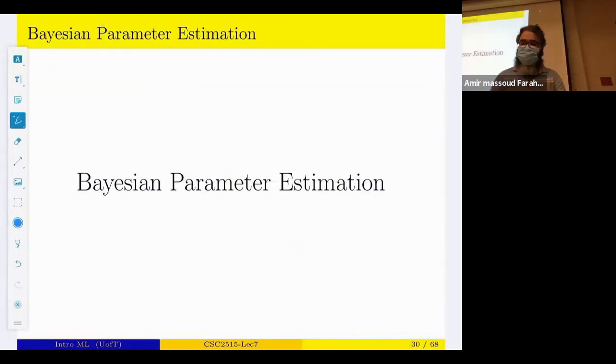Okay, let's get started. Before starting this part, there's a question in the chat asking why the parameter count for naive Bayes is 2 to the power of something minus 1. Where does that minus 1 come from? The answer is that because this is a probability distribution, you have one constraint: the summation of all the probabilities should be 1.